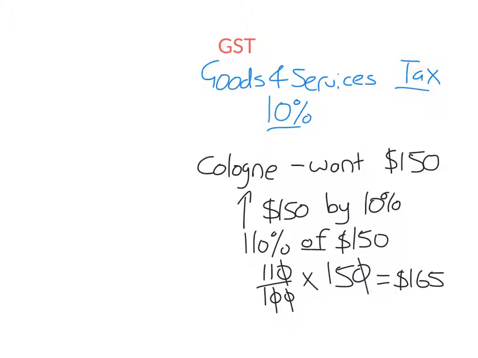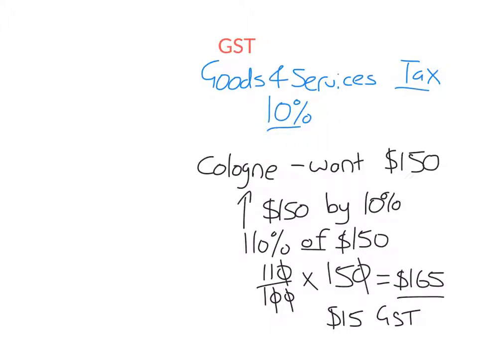So what am I going on about? What does this mean? Well, it means if I want to sell you a cologne and I want to make $150, I have to actually sell it to you for $165. So I will get $150 and the extra $15 will be GST. That will be the amount that is taxed. Okay?